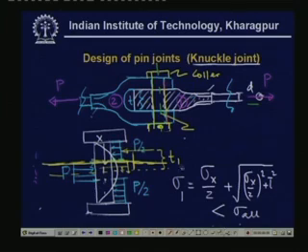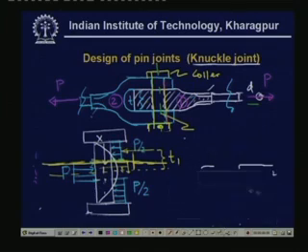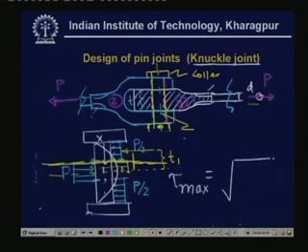For that purpose, the maximum shear stress tau max is equal to the square root of sigma x by 2 square plus tau square.